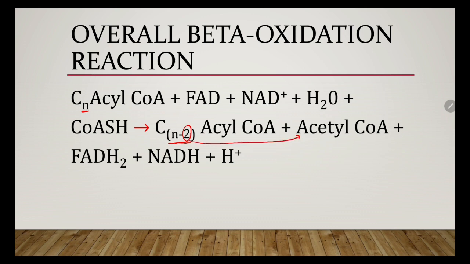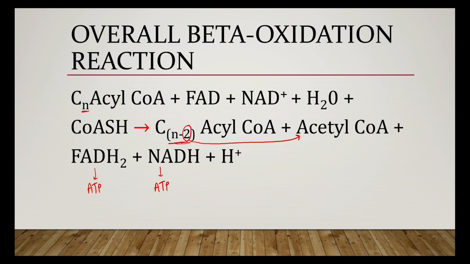Because 2 carbons from this fatty acid chain have been given out into the acetyl-CoA. So acetyl-CoA is formed and FADH2 plus NADH plus H plus is formed. So this FADH2 and NADH plus H plus, these undergo the ETC reactions to give you ATP.